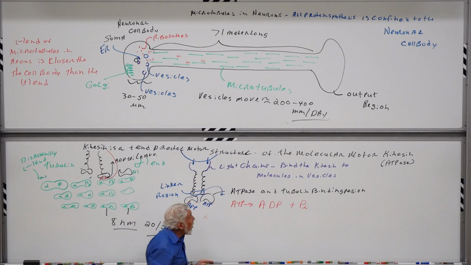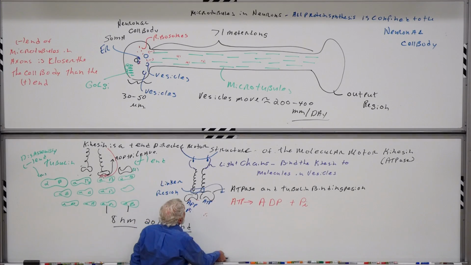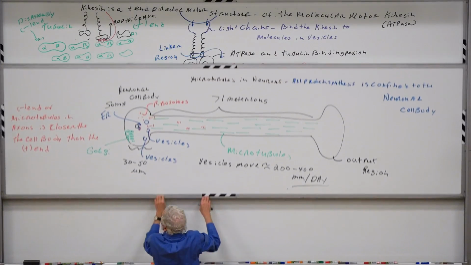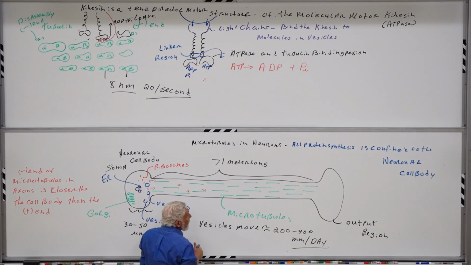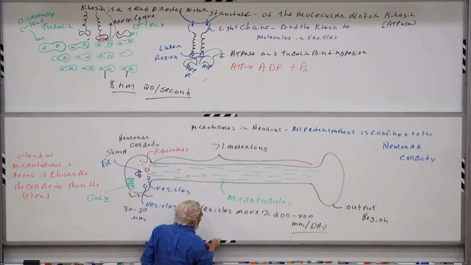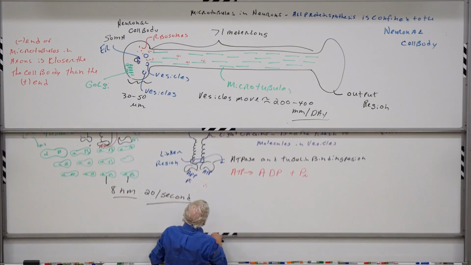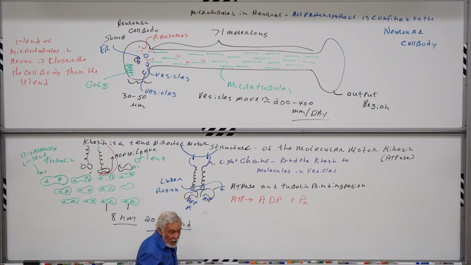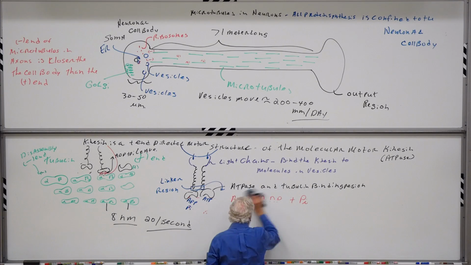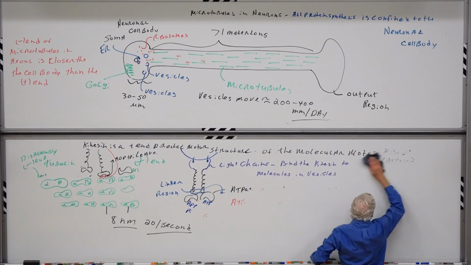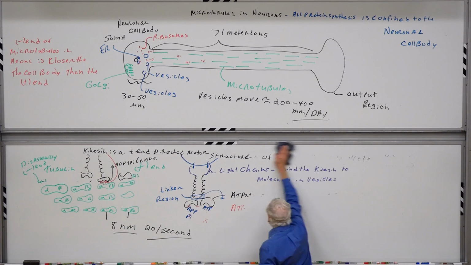But there's another character that we introduced in the beginning. And that is, let's come back here, that the counterpart for kinesin is dynein. So dynein is the kinesin molecule's counterpart.